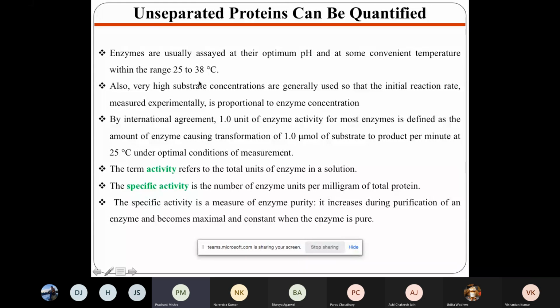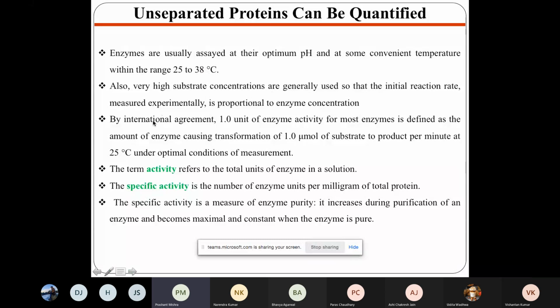So in one of these temperatures, most enzymatic assays are done. And also very high substrate concentrations are generally used. So that all the enzyme active sites are saturated, so that you can measure the initial rate of the reaction experimentally.